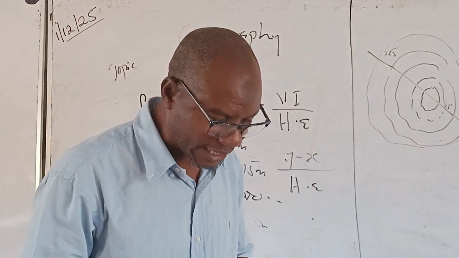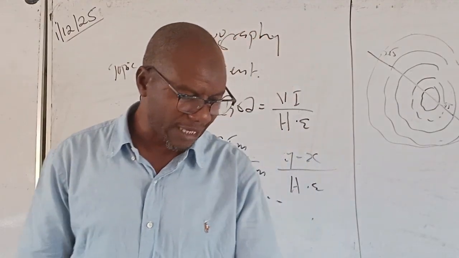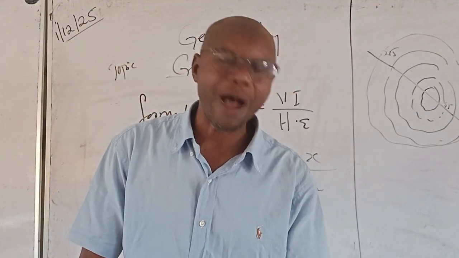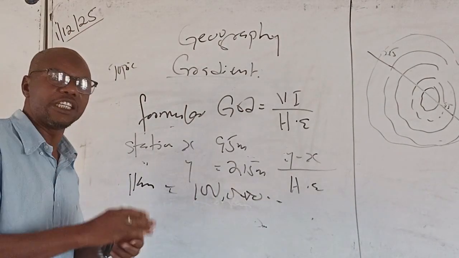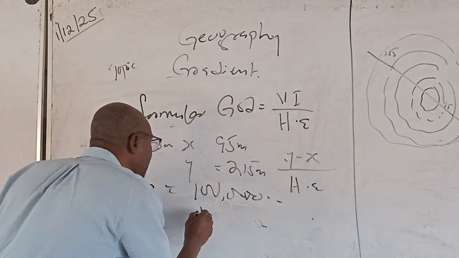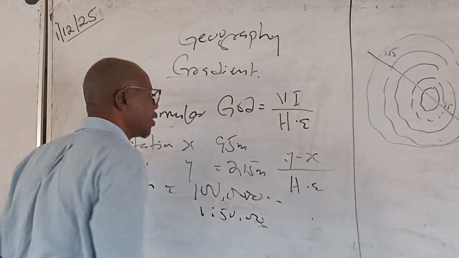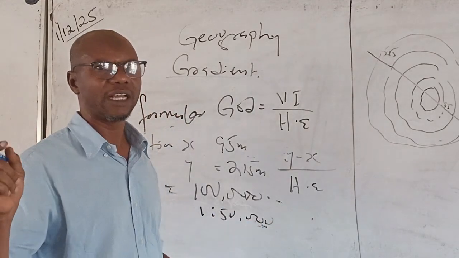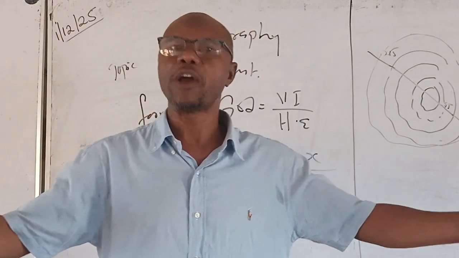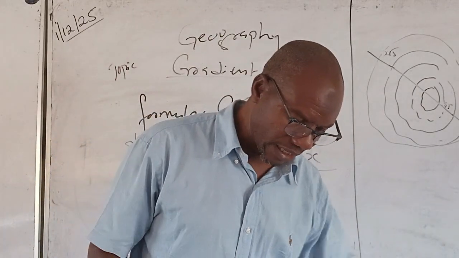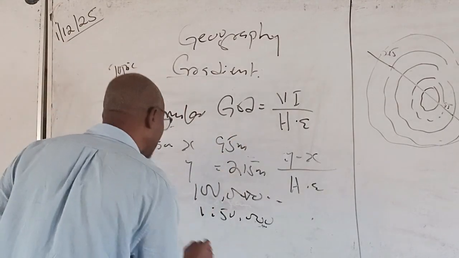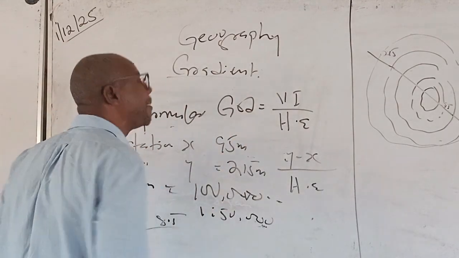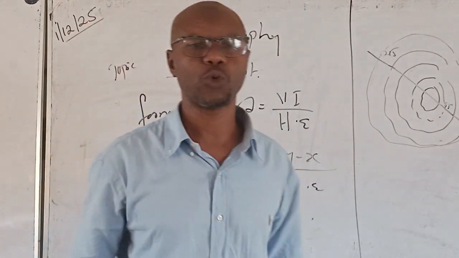So now, see the scale of the map. I said calculate the gradient of the map. The scale is 1:50,000, meaning that half of 100,000 is 50,000. Remember what I've taught you before; that's the starting point of distance and measurement. Now let's work this out. The distance between X and Y is 8.5 divided by 2. Why 2?